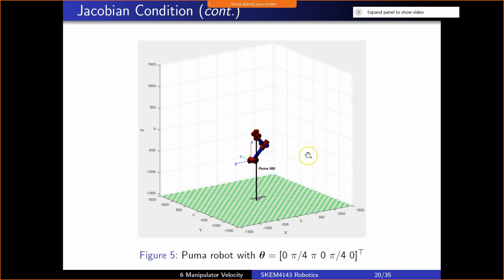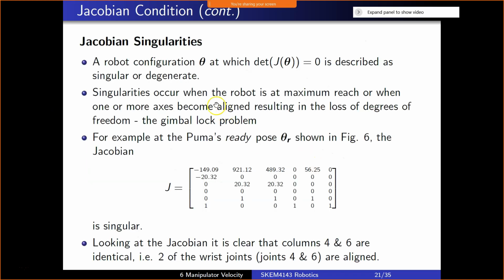Okay, good so far. Let's move on to Jacobian singularities. Like I said earlier, at a certain configuration, the determinant of a Jacobian matrix will become 0.